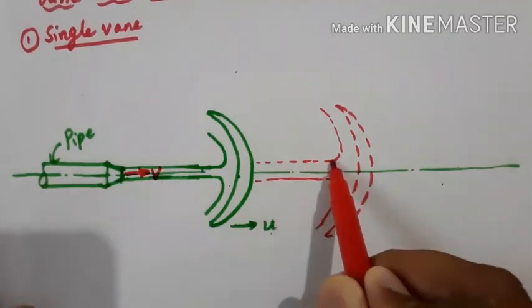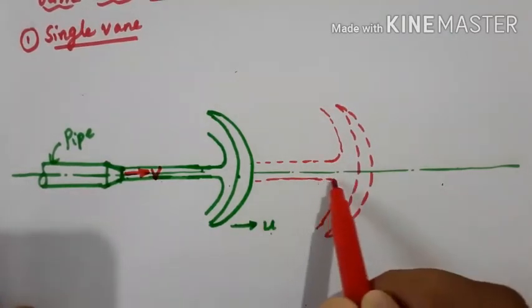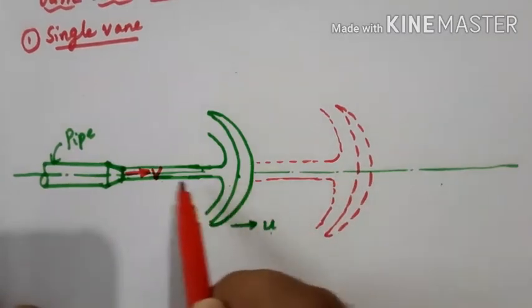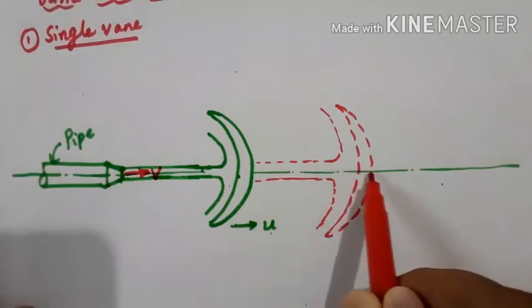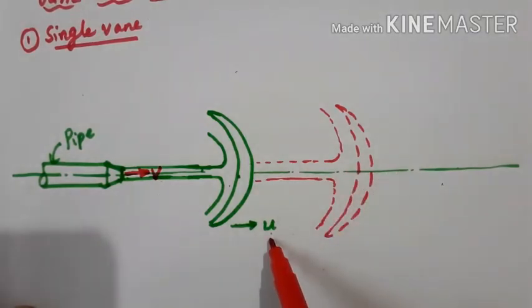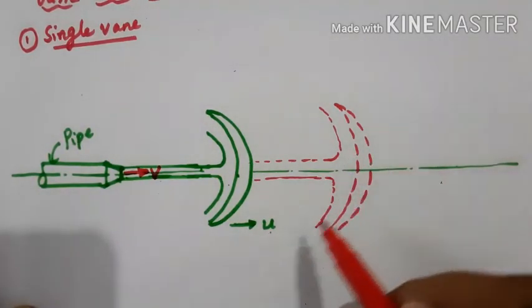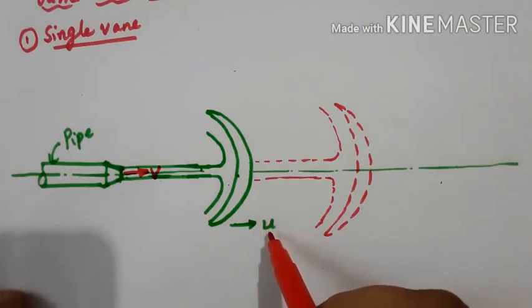Then it occupies a certain position like this, and keeps moving. As long as the jet strikes the vane, the vane keeps moving with a velocity u. This u is called the velocity of the vane.